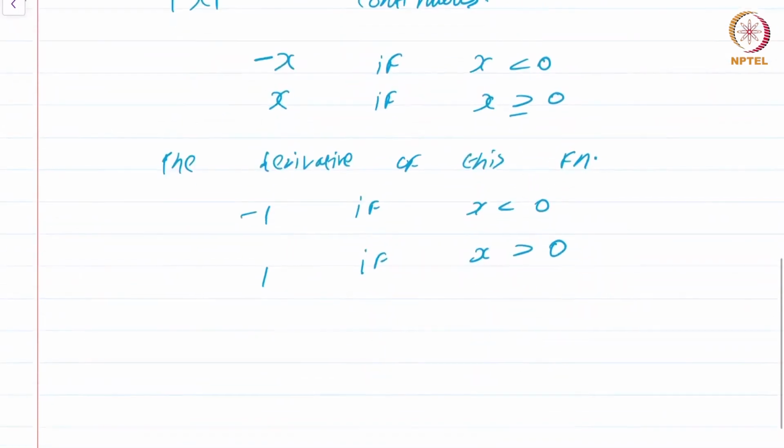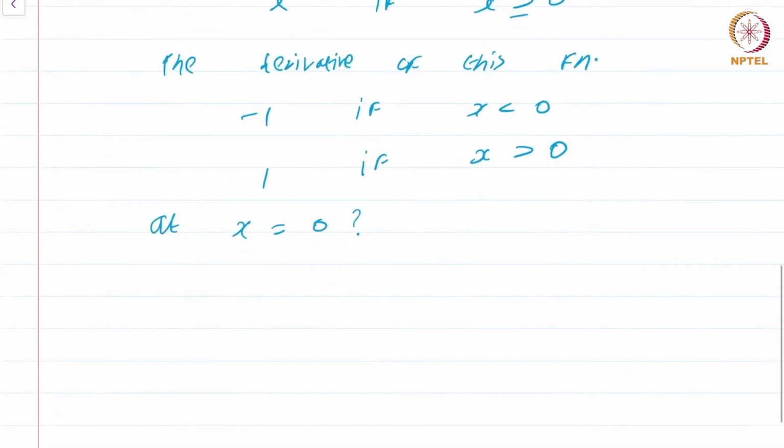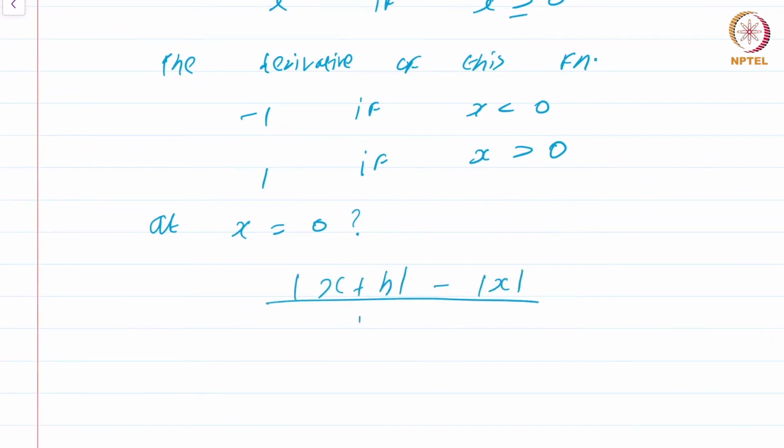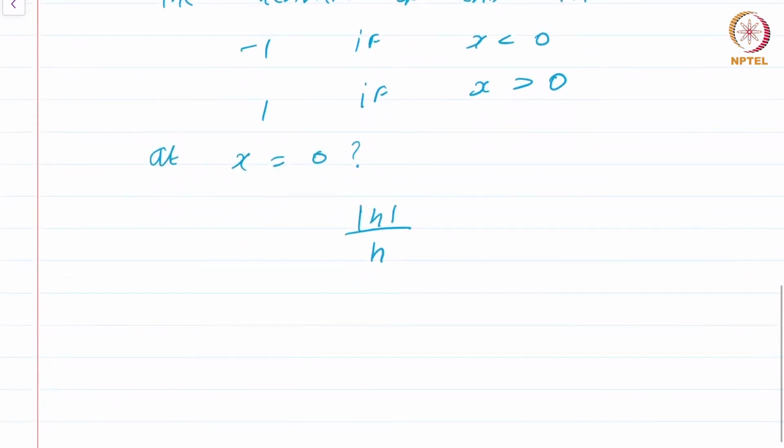This much we know. What about at x equal to 0? Well, let's check what happens. You have to take mod of x plus h minus mod x by h. And here x is just 0. So you just have to take mod h by h. This is the Newton quotient.